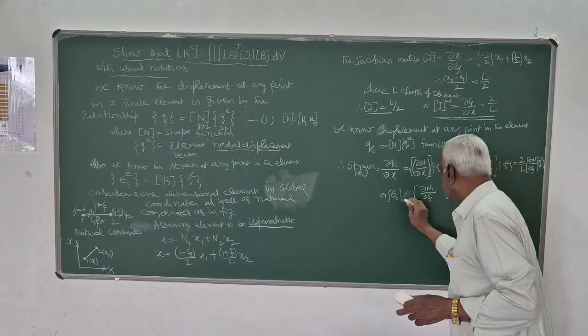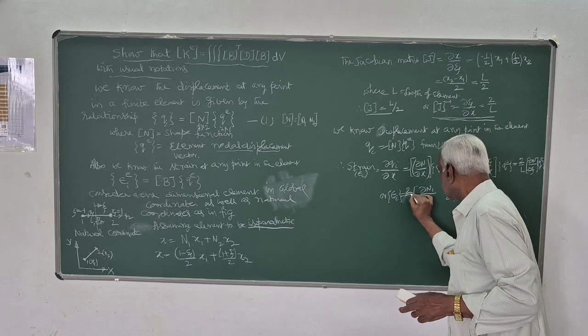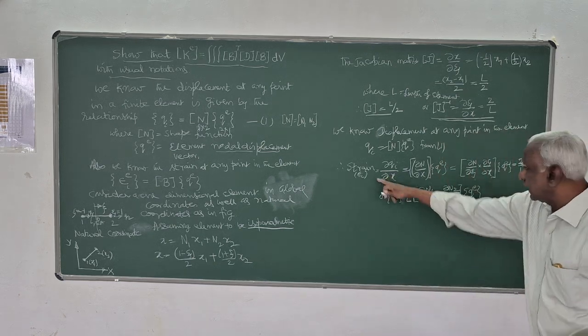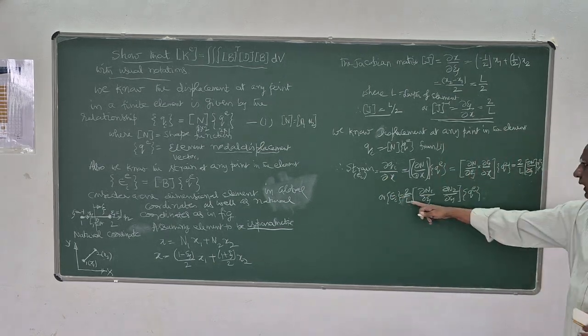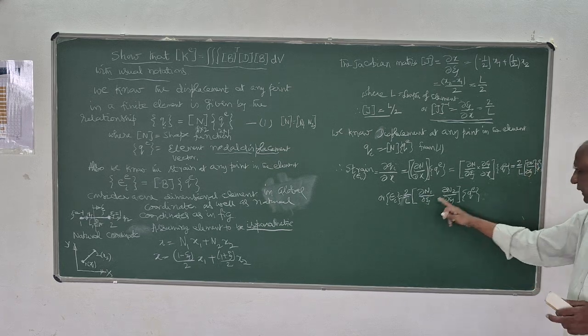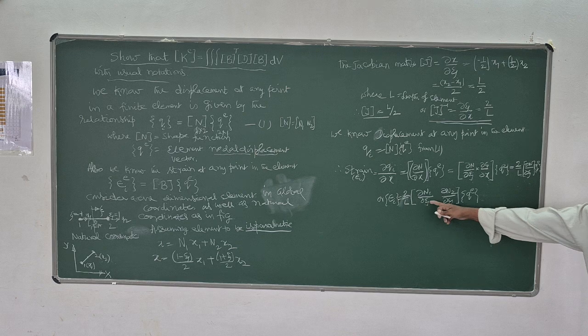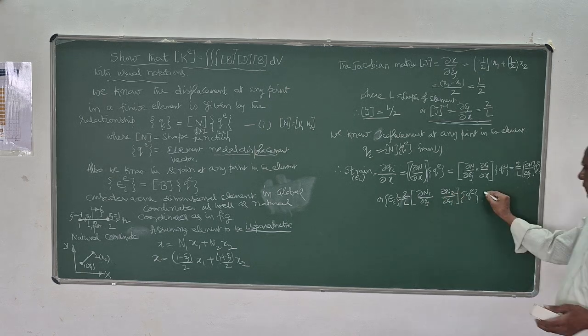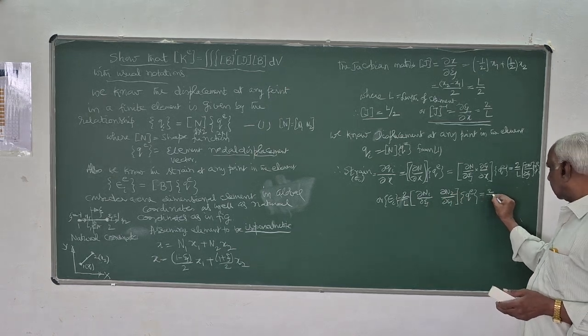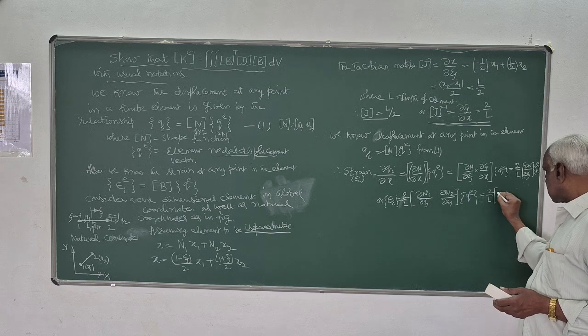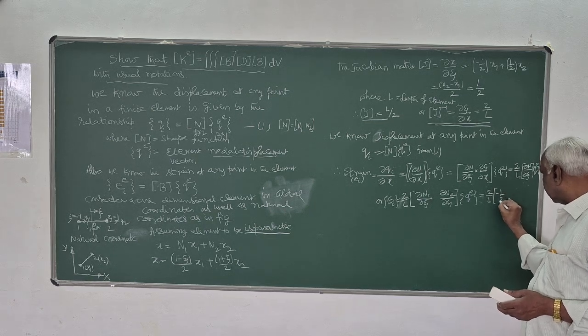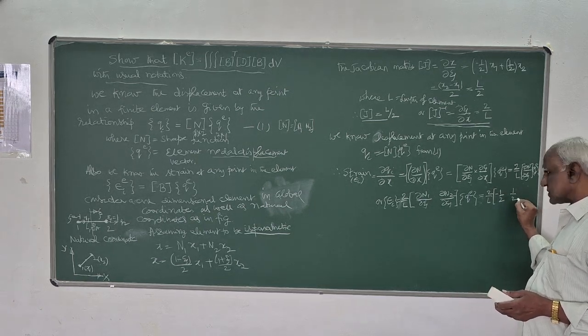Of course, 2 by L is there. Epsilon I is equal to 2 by L into delta n1 by delta xi, delta n2 by delta xi, because n is nothing but n1, n2. So this is again 2 by L. This is minus half, this is plus half.